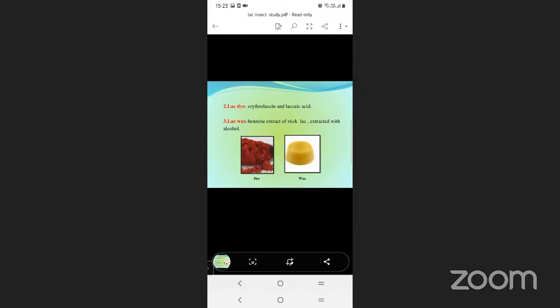Here he has been talking about lac cultivation. He has also discussed that lac cultivation can be carried out in forests or when we have huge lands.